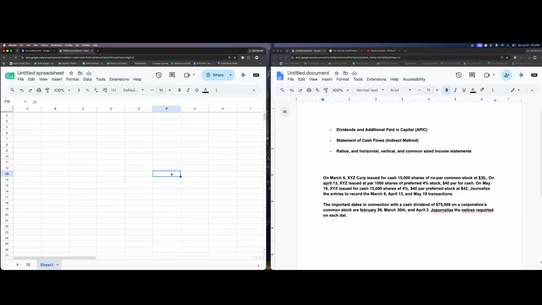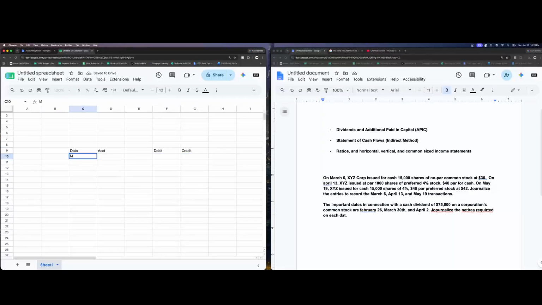Let's take a quick look. On March 6, XYZ Corporation issued for cash 15,000 shares of no par common stock at $30. Account, debit, credit.